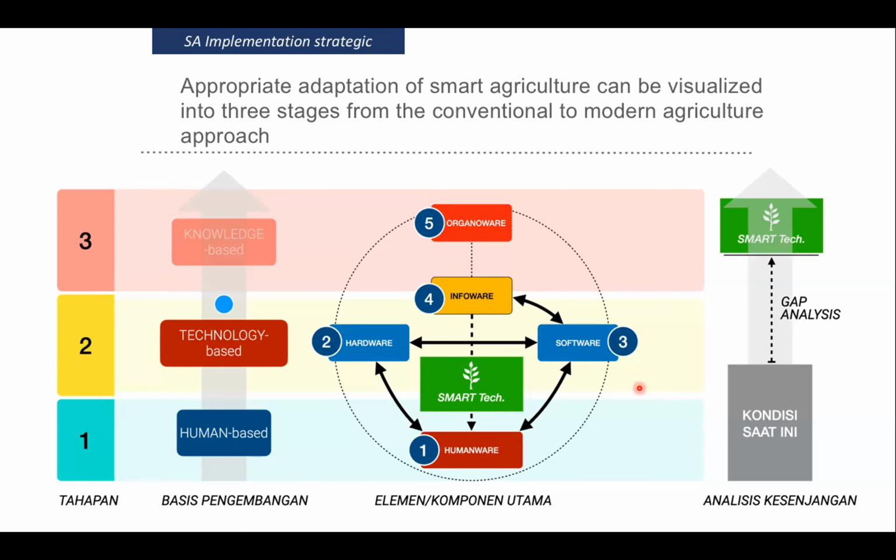So we divided it into 5: humanware, hardware, software, infoware, and organoware. This is from conventional to smart technology to smart system. Of course, we still have some gap analysis, from how to develop the human resource until we develop the local knowledge base.